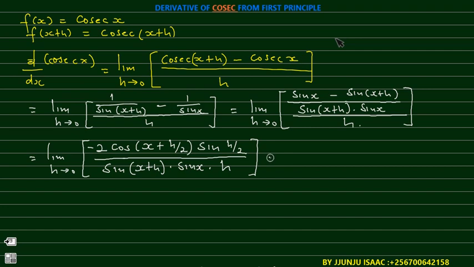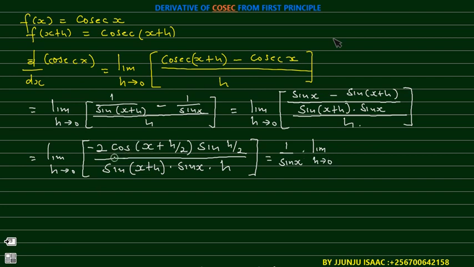So this can be written as the limit as h tends to 0. I beg your pardon, let me first bring out 1 over sine x. We bring this 1 over sine x out because it is not affected by the h. So I get 1 over sine x times the limit as h tends to 0.